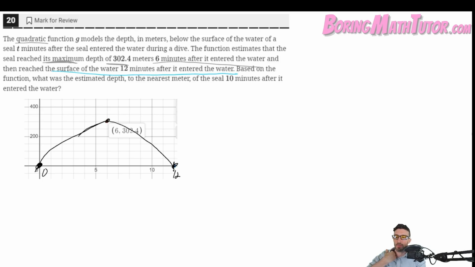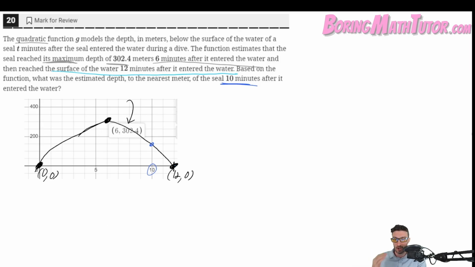And ultimately, we want to know what's happening at 10 minutes. So basically, we want to know the x coordinate at 10. Well, one way to do that is to get an equation that is going to contain these 3 points, 0, 0, 12, 0, and this point.